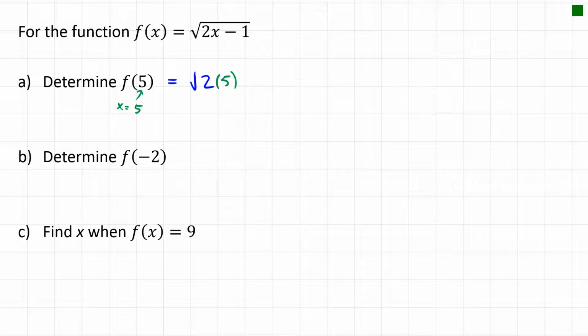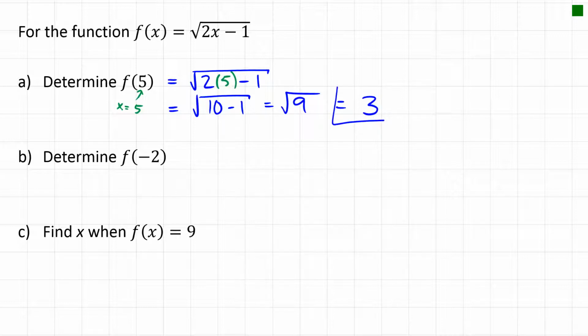So instead of 2 times x minus 1, it's 2 times 5 minus 1, and then all square rooted. So this would be the square root of 10 minus 1, which is also the same as the square root of 9, which is 3.